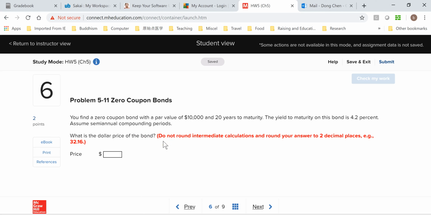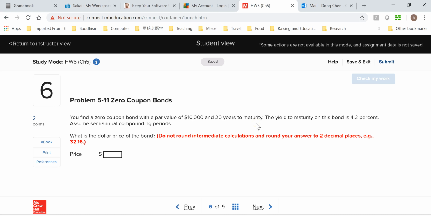So the present value of all future cash flows is simply the present value of the par value at the maturity date. But what's important here and what's easy to miss is that this is a semi-annual compounded bond, which means that we need to work with semi-annual terms for each variable.